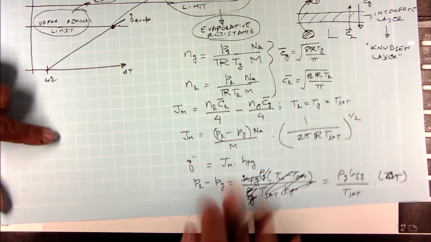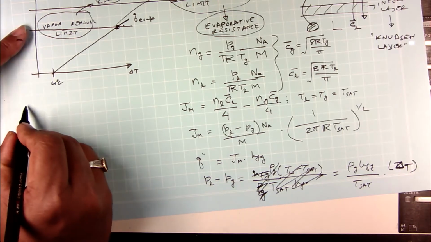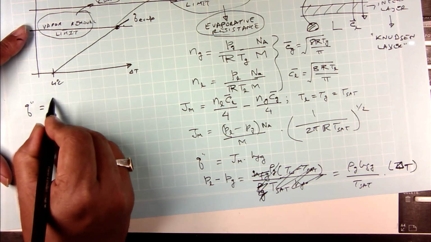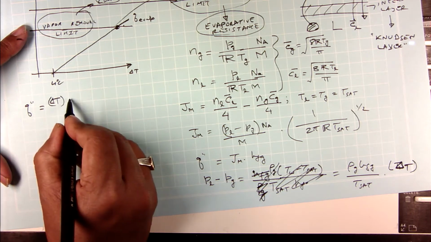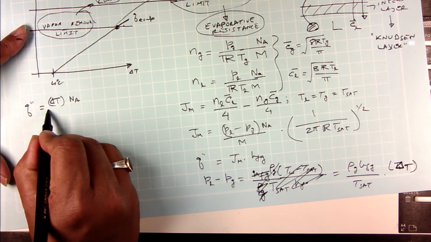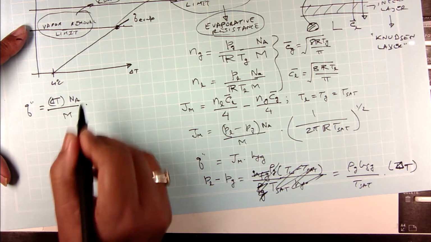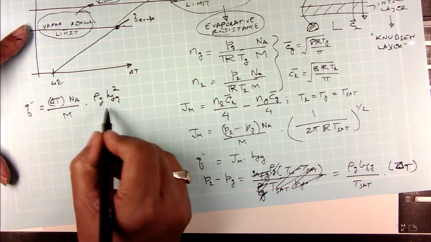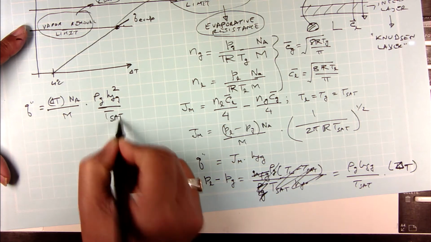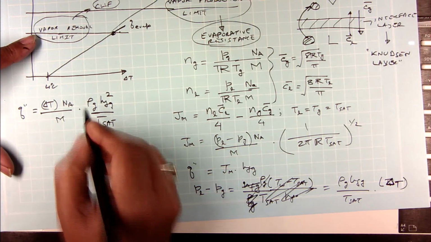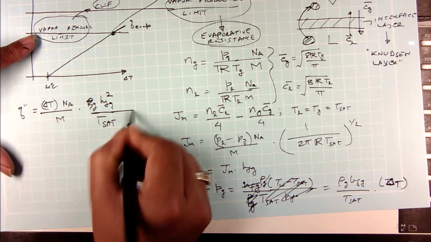So if I substitute it, I will get my Q double prime to be equal to delta T times Na by M times rho g times HFG square divided by T sat, or instead of rho g we can write it as VFG in the denominator, right.